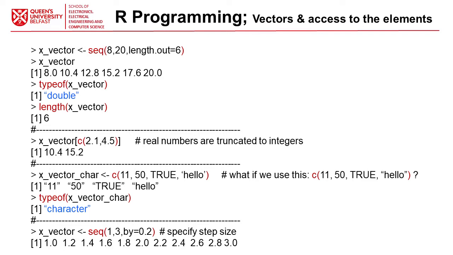And again, typeof x_vector_character, which perhaps would be character. So let's see the answer. Double for x_vector in terms of the data type. When you run length of x_vector, the answer would be 6.